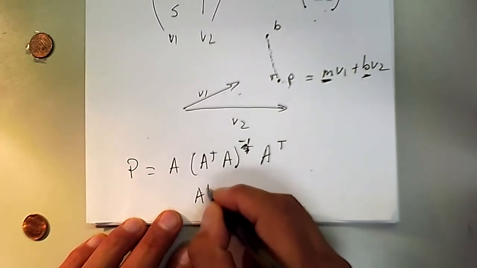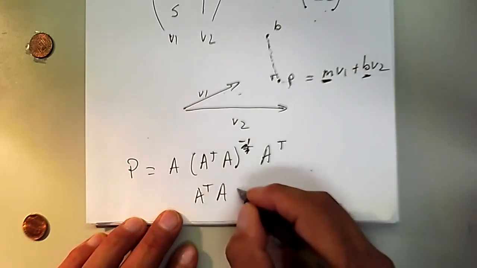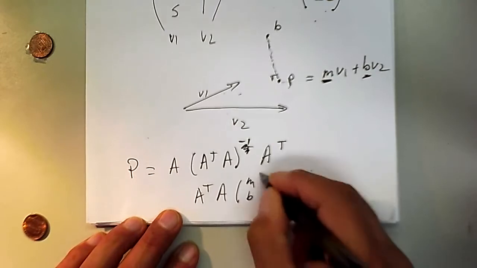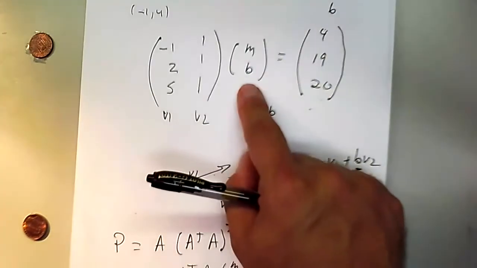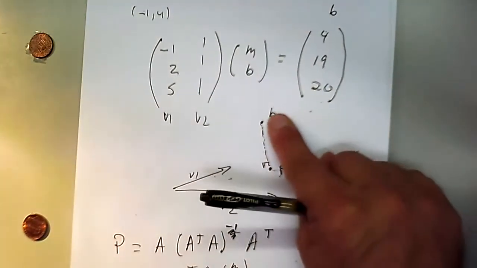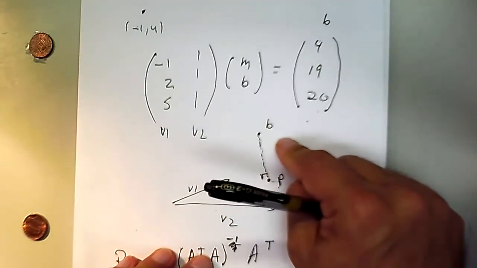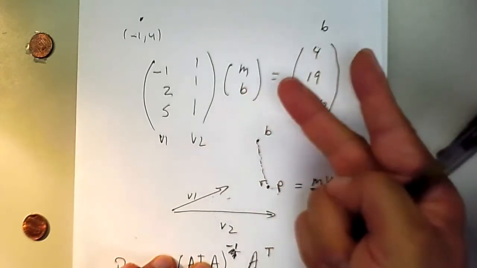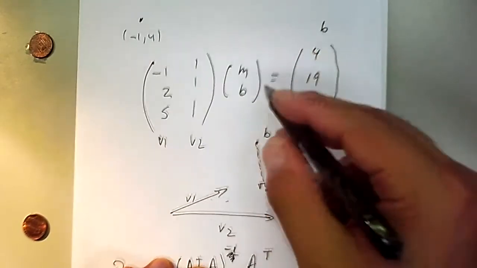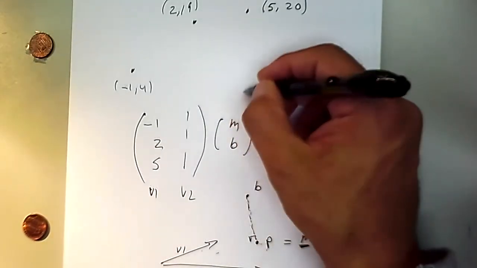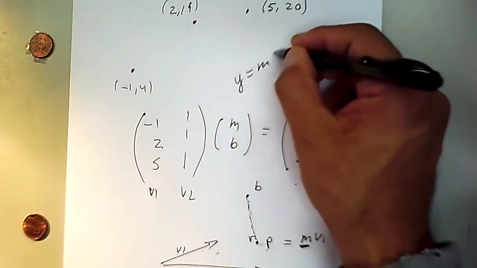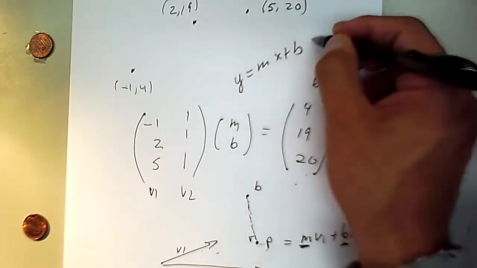A transpose A MB. Now, this MB is not going to be the actual MB that gets us to B. I just realized I'm using B in two different ways. Watch out. This is the MB as in Y equals MX plus B, the equation of the line.